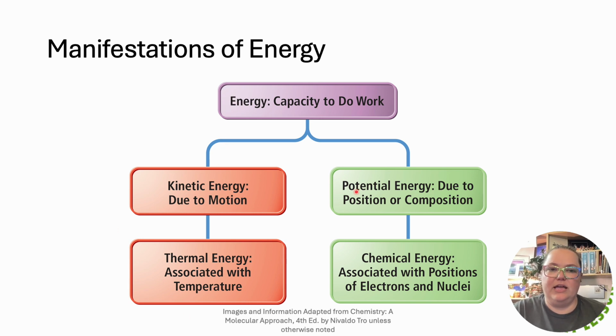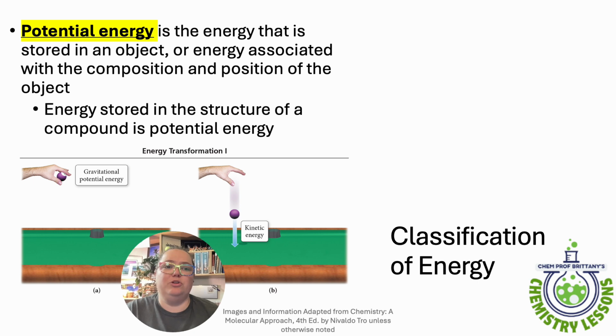The other one is potential energy, which is the energy that is stored in an object. In physics, you see this a lot as gravitational potential energy, which is just, I hold a thing up here and then I drop it and it falls. That stored energy that allows it to then fall and move is the potential energy.